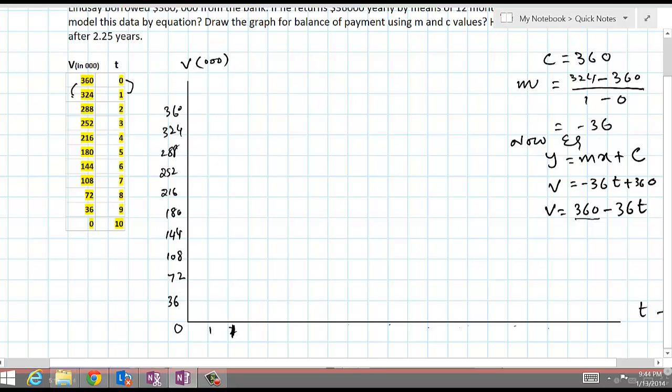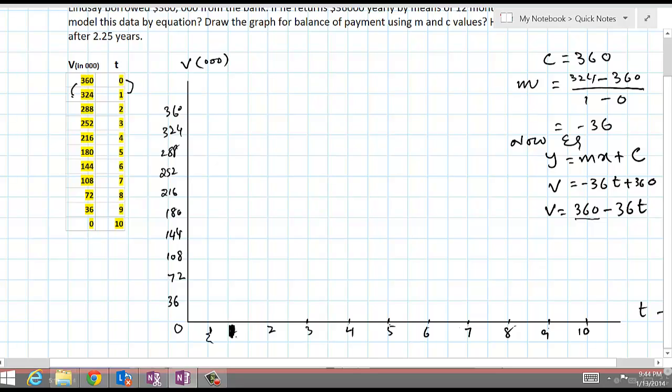So if we make this 1, this would be 2, this would be 3 here, 4, 5, 6, 7, 8, 9, and 10. So that's as far as we want to go.